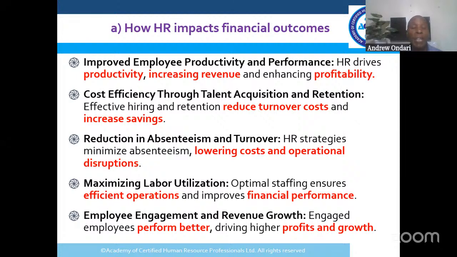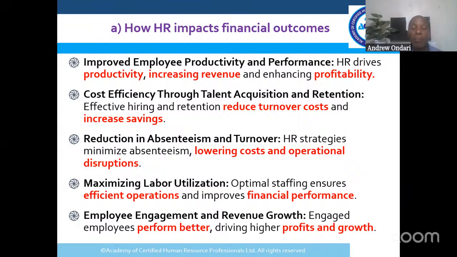The other aspect is employee engagement, which is related to revenue growth. Engaged employees, as I've indicated, perform better. Why? Because they are satisfied with their job, they are committed, and they identify with the organization. Such people are likely to be better performers.